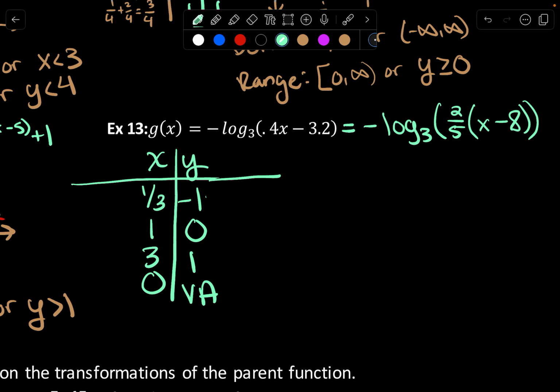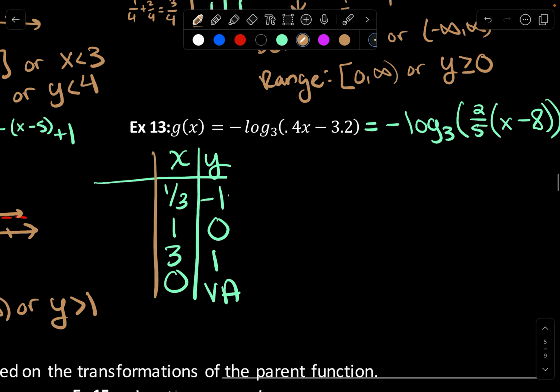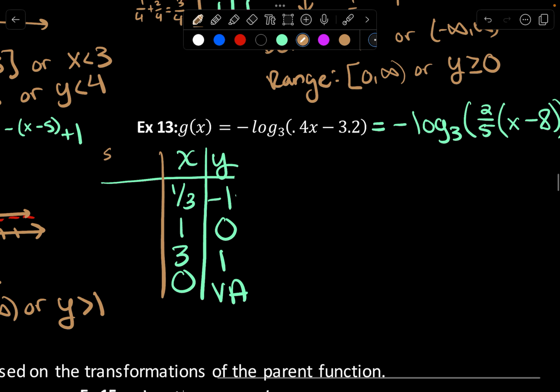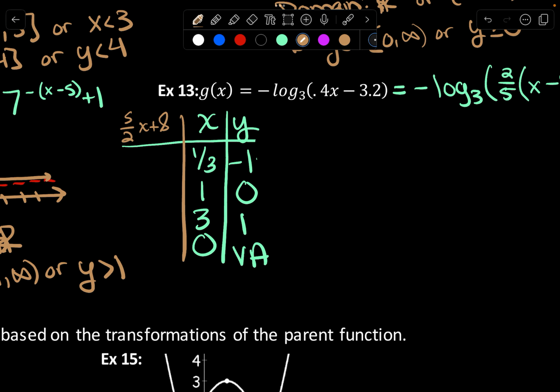And again, for this one, all we have are the horizontal transformations. So we have 2/5, so we're going to multiply with 5 over 2 instead, x, and then we'll add 8. All right, if we do 1/3, we have 5 over 2 times 1/3, which is 6, and then we'll have plus 48 over 6.